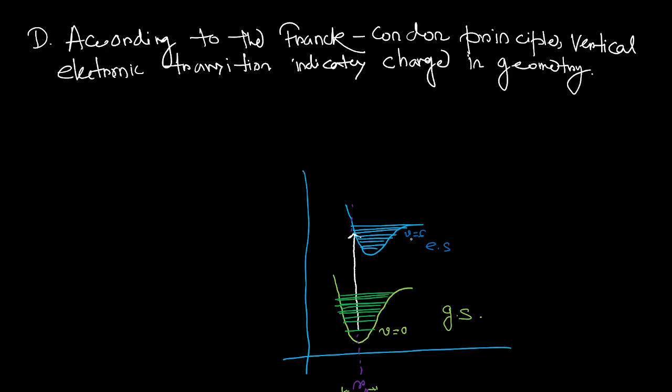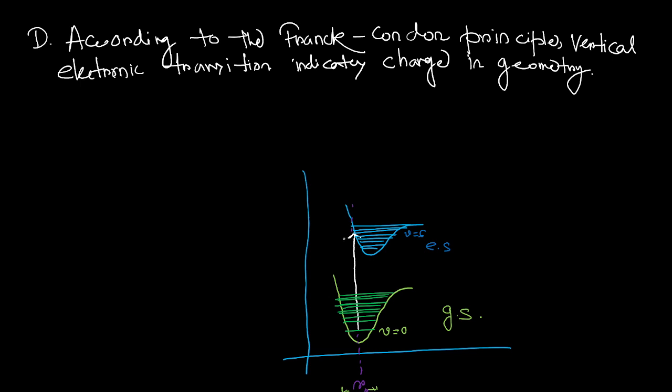The V0 ground vibrational level has the maximum overlap with the 6th vibrational state of the excited state.